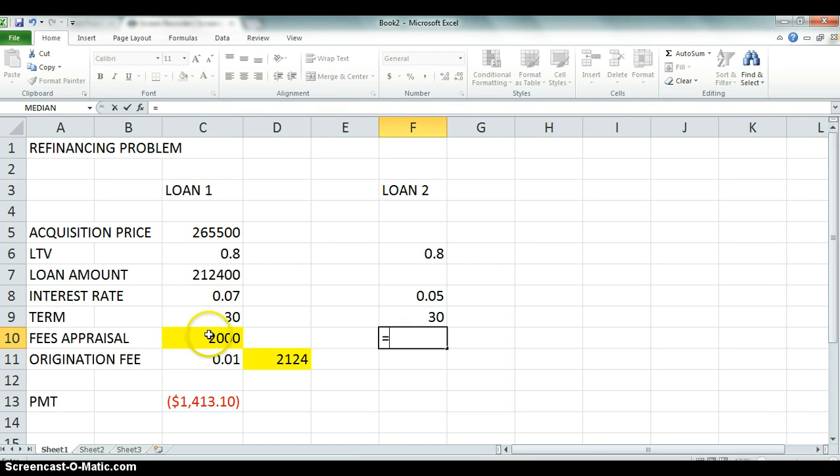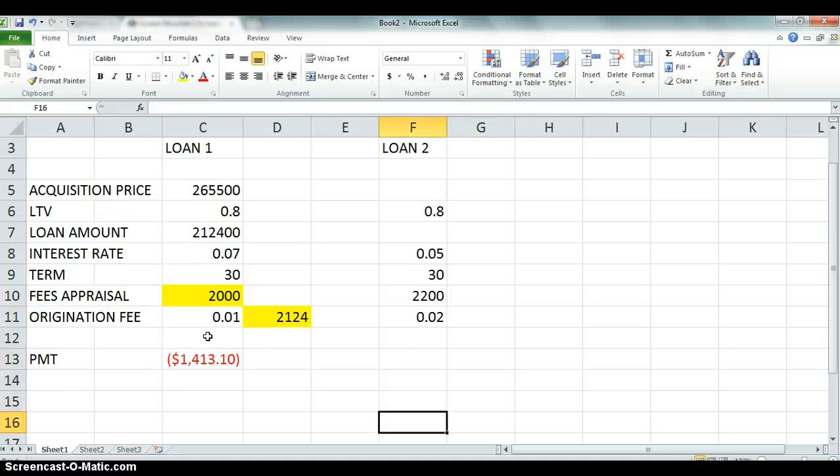So we will have the original $2,000 fees times 1 plus 0.1, which will increase the amount by 10%. And then finally, the origination fee has now changed. Instead of 1% it is 2%, so we will have to take 2% from the loan that we will take now, and then we can calculate the new payment and everything.